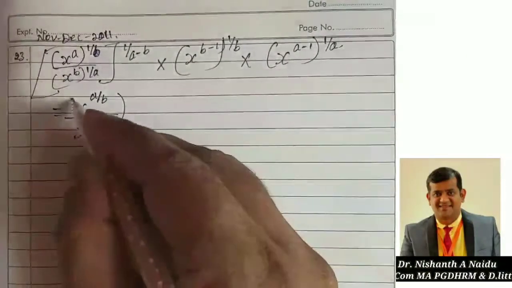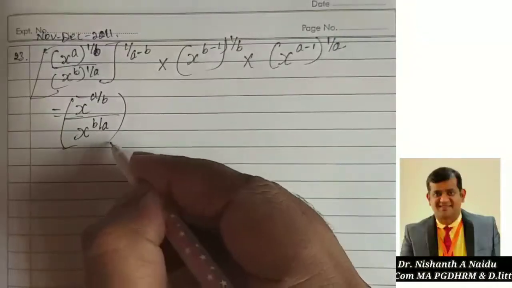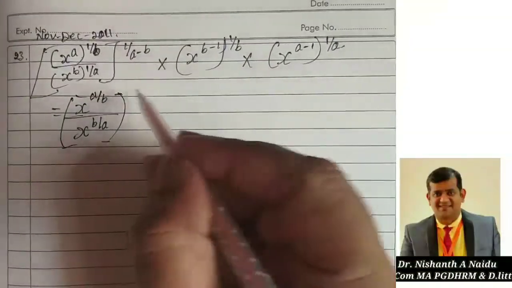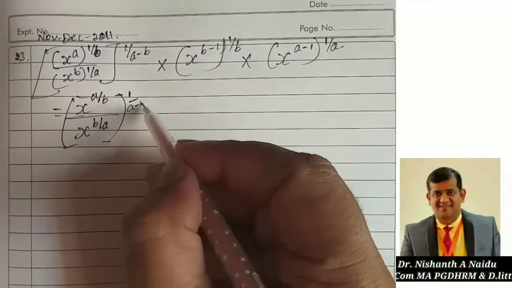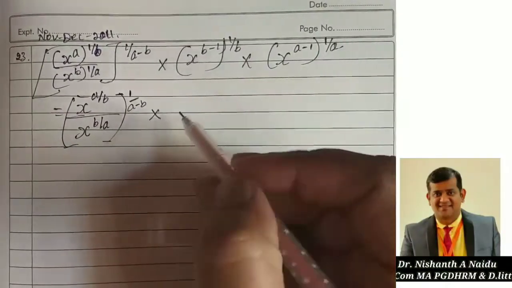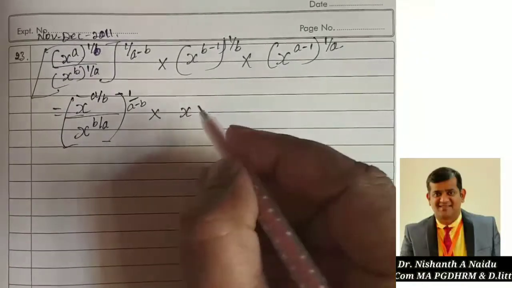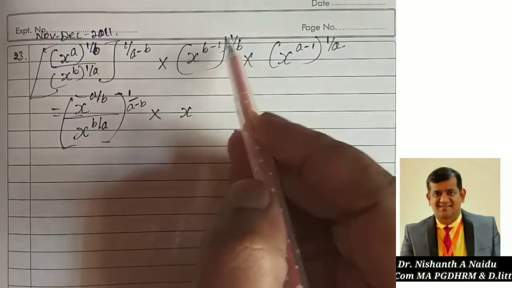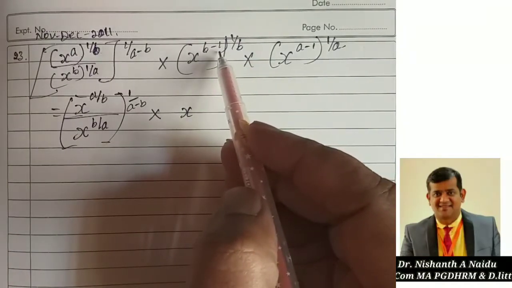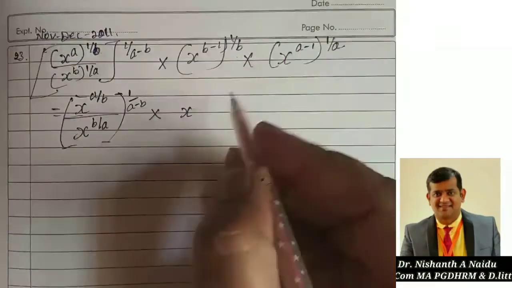Understood? Whole power 1 divided by a minus b, into x to the power, again b ones are b, minus 1 divided by b.